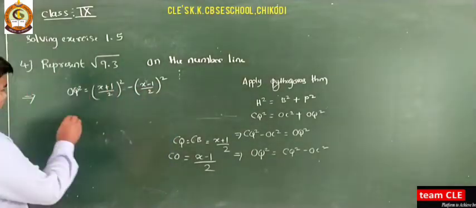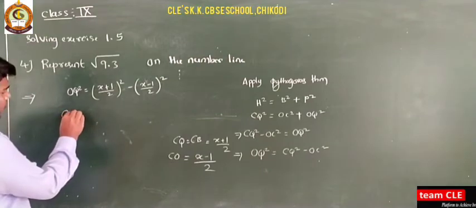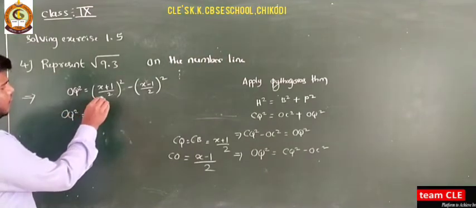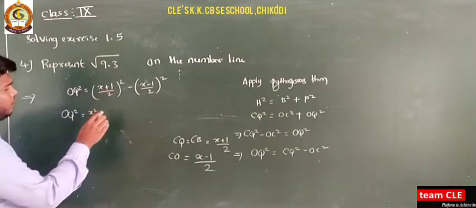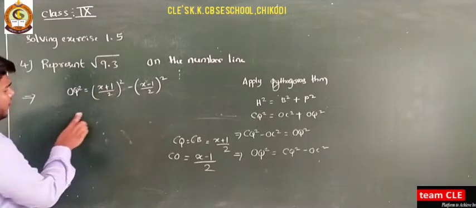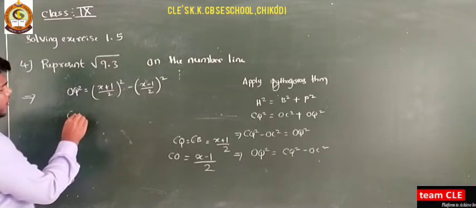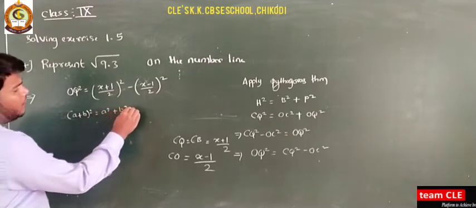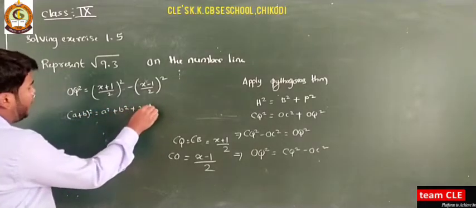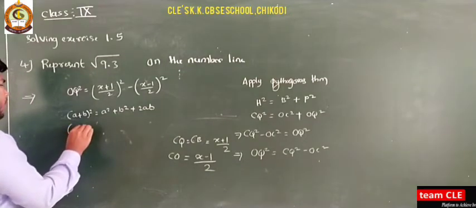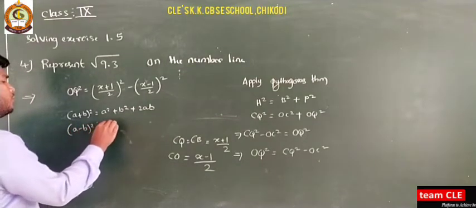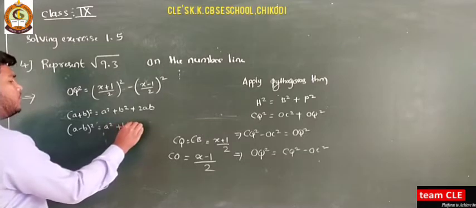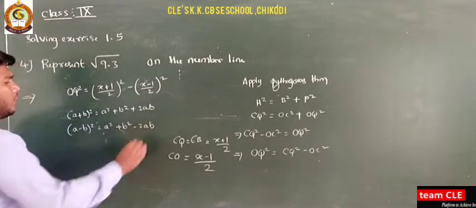So now see, OQ square equals, next, use the (a+b) whole square formula. You have to use this formula: (a+b) whole square is a square plus b square plus 2ab, and similarly (a-b) whole square equals a square plus b square minus 2ab.